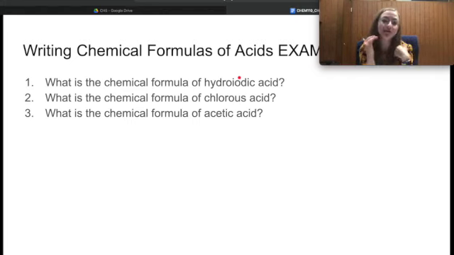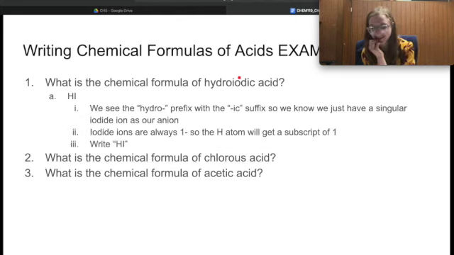So if we have iode, that's iodine. If I have one singular iodine, it has a charge of -1. So that means that becomes the subscript on my hydrogen. However, we never write a subscript of 1. So I've got hydroiodic acid as HI. Hi. So hydroiodic acid, it's kind of like the hello molecule.